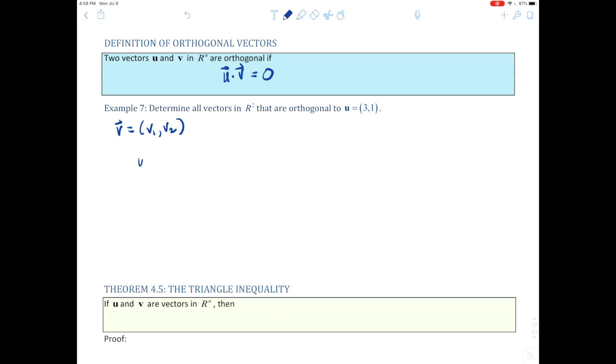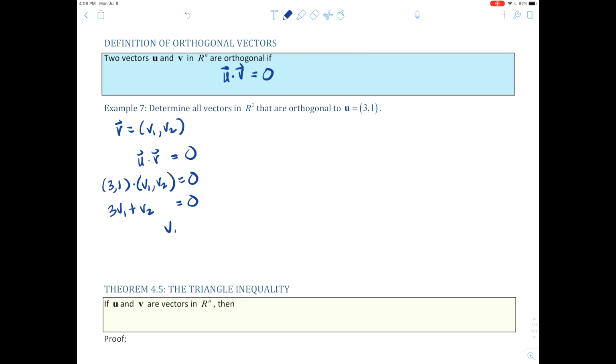So u dot v, and we set that equal to 0. So what's going to happen? We'd have (3, 1) dot (v1, v2) equals 0. And so what would that give us? 3v1 plus v2 would have to equal 0. That's the dot product.